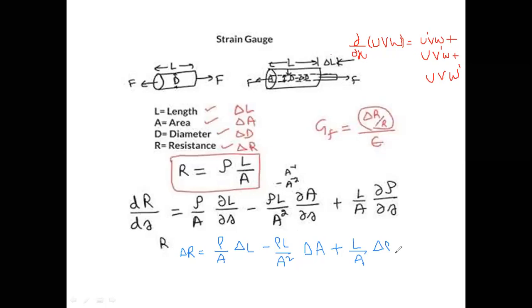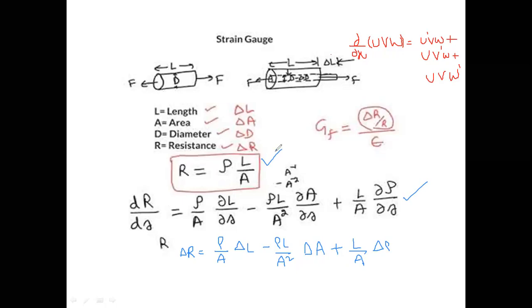Right? What I want now is change in resistance to original resistance. This is the change in resistance, delta R by delta S. This is original resistance.